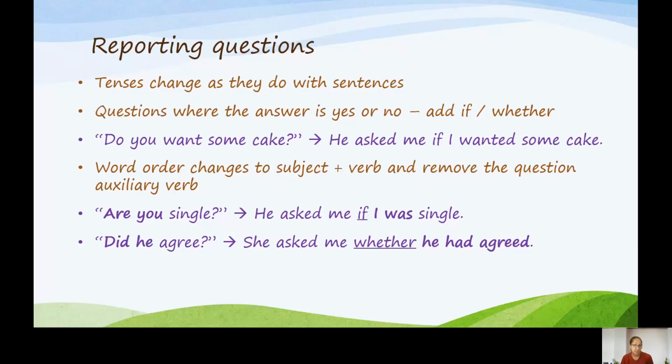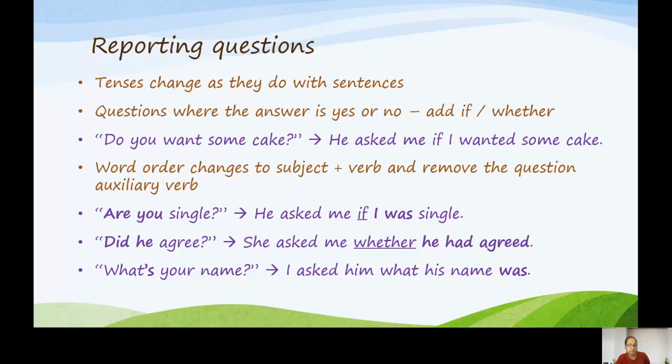We use whether or if. In the first question, are you single? Are is the main verb. It's not an auxiliary verb. So we just change the word order so that it is the subject followed by the verb. I was.